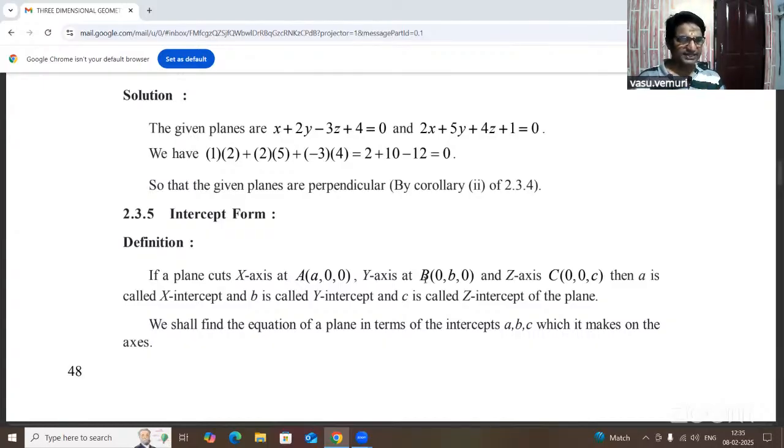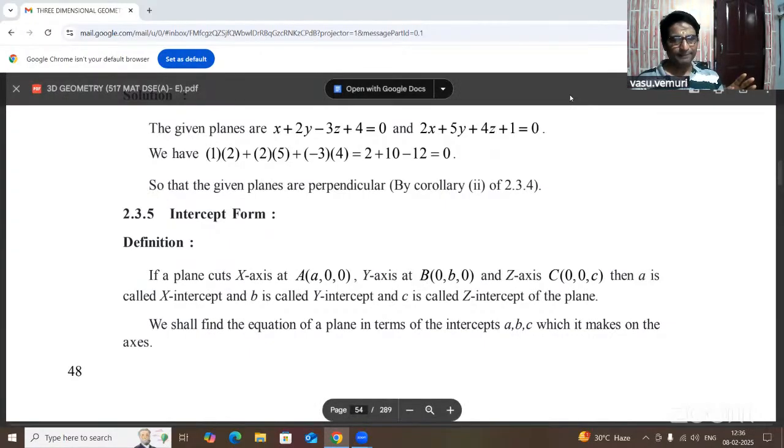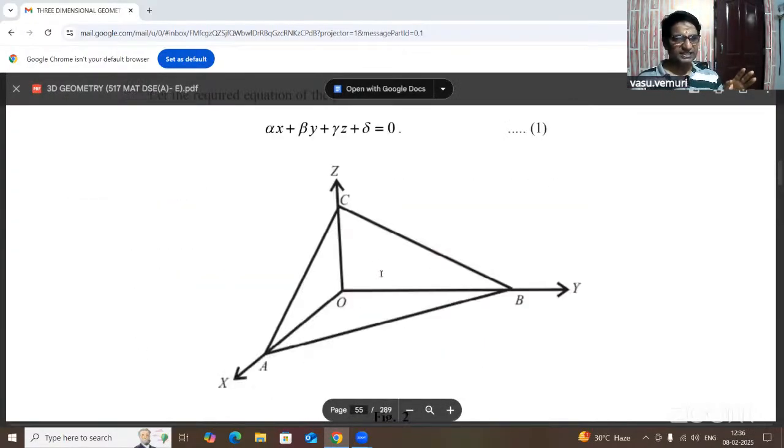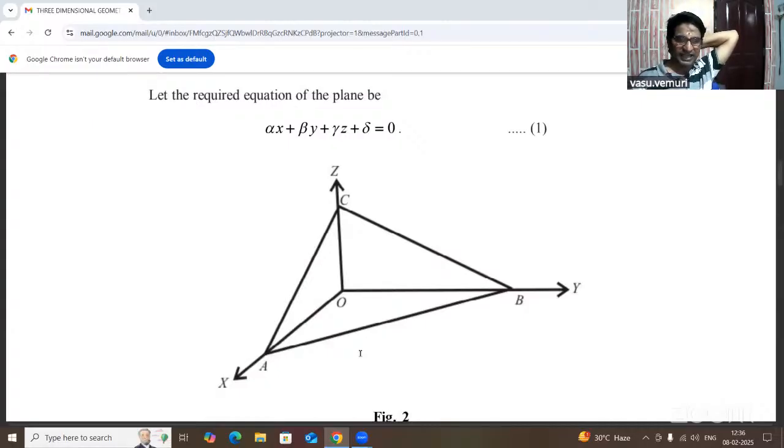So the x coordinate is a and the remaining coordinates are 0. So capital A point on the x-axis is a, 0, 0, and the point on the y-axis is capital B. So ABC is the plane. Just draw this figure. This is the figure of intercepts on the axes.